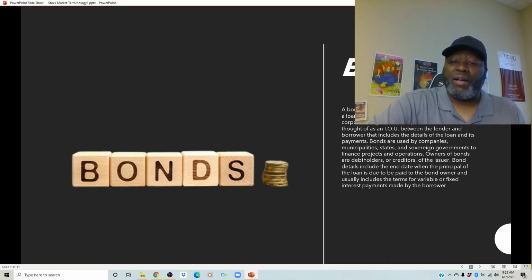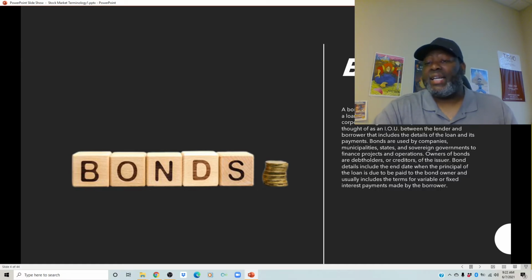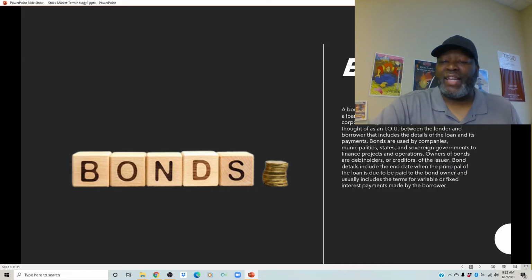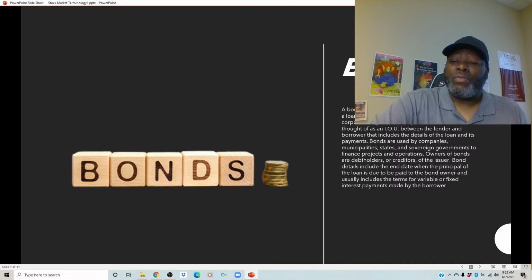Bonds are used by companies, municipalities, states, and sovereign governments to finance projects and operations. Owners of bonds are debt holders or creditors of the issuer. Bond details include the end date when the principal of the loan is due to be paid to the bond owner, and usually includes the terms for variable or fixed interest payments made by the borrower.